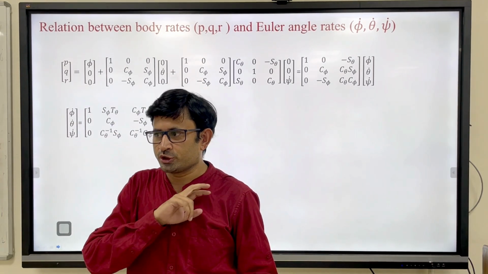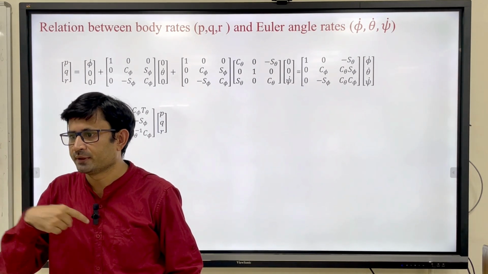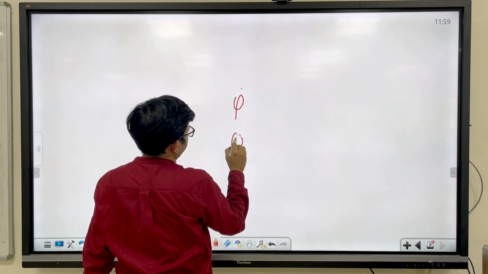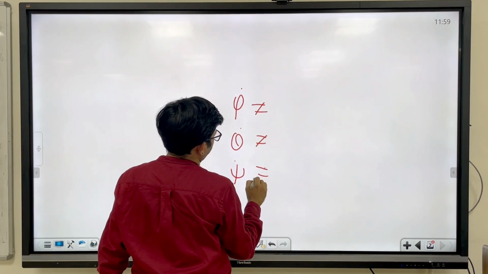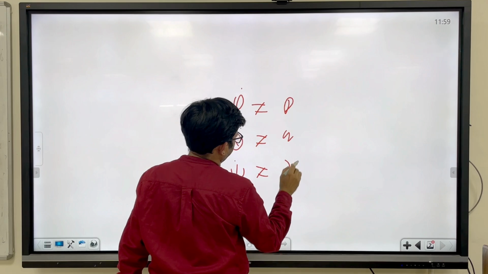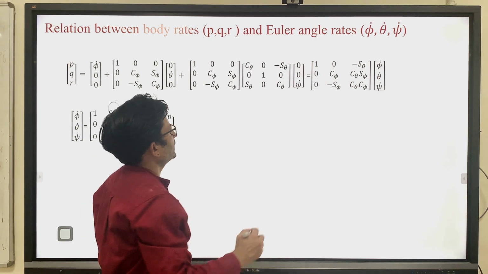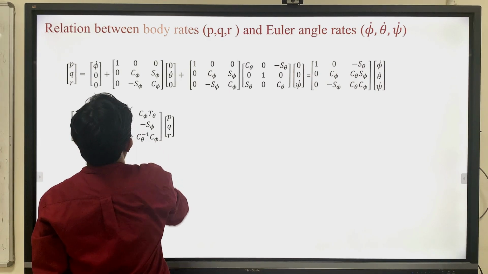So p, q, r will not be equal to phi dot, theta dot, psi dot. I'm repeating here: phi dot, theta dot, psi dot will not be equal to p, q and r because two intermediate frames are involved.